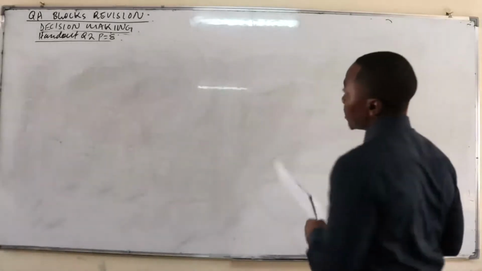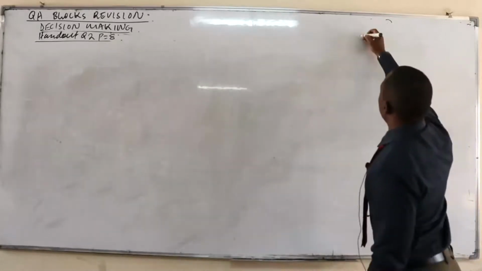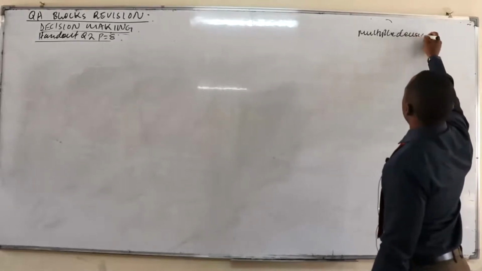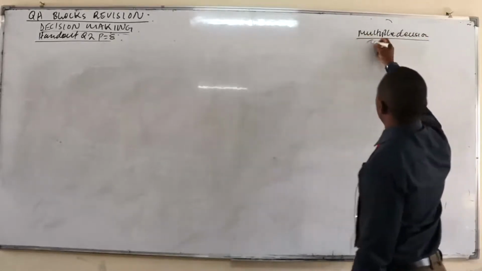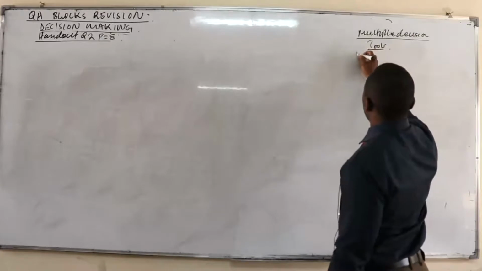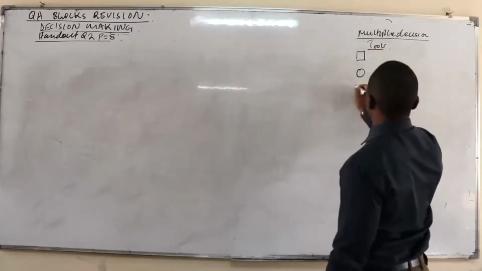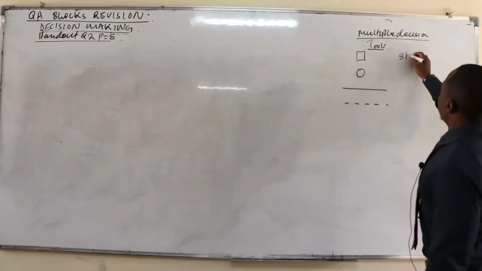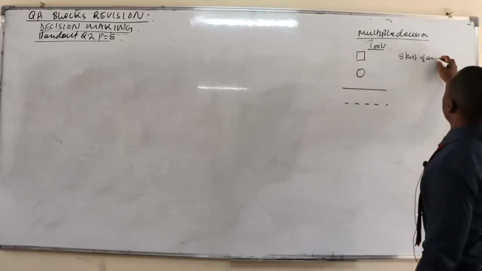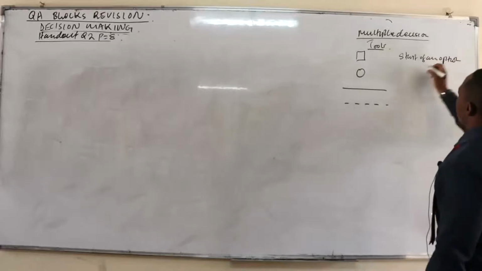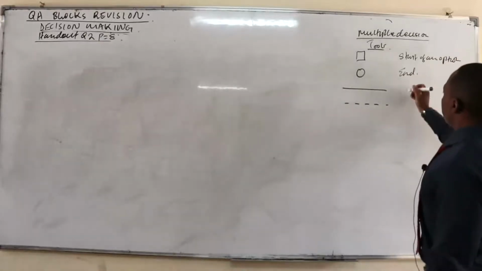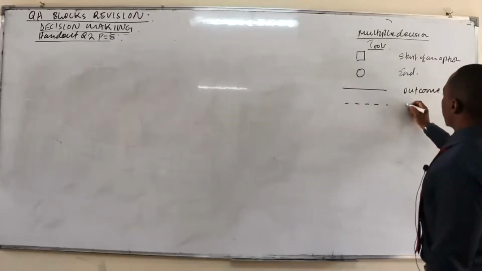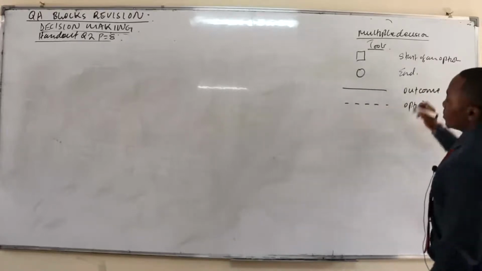So if I take you back to where we covered multiple decisions, we say that there are various tools used, we had that, we also had that, and we had that. So we say that this means the start of an option. This means the end. This represents the outcome, and this represents the option.